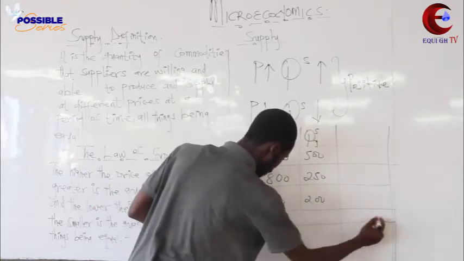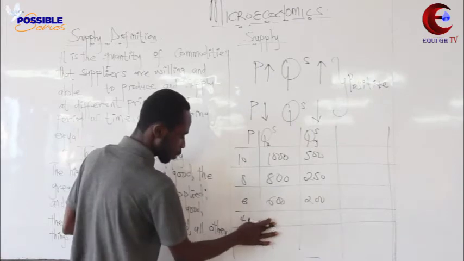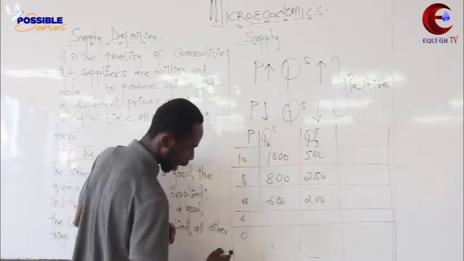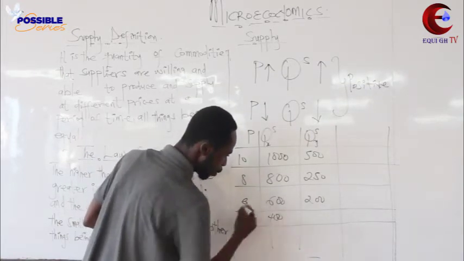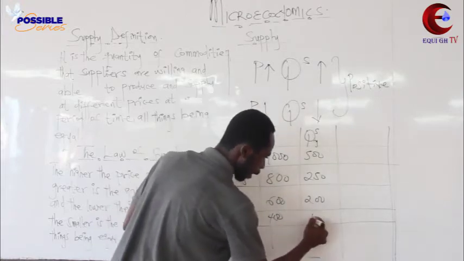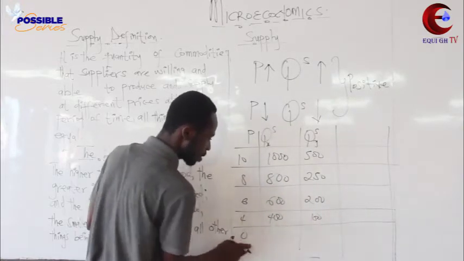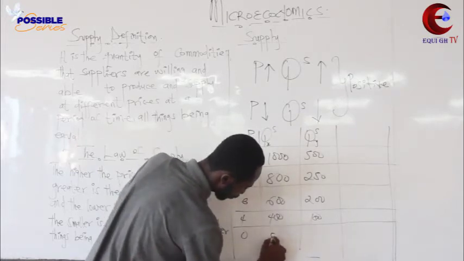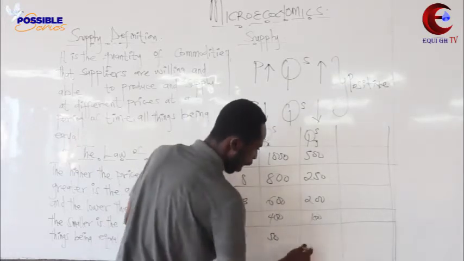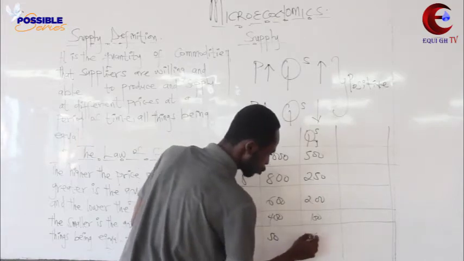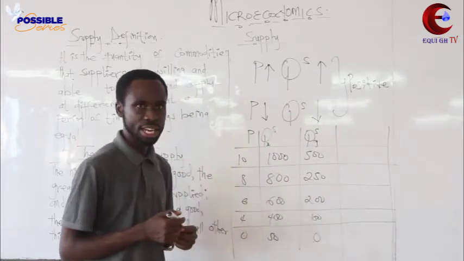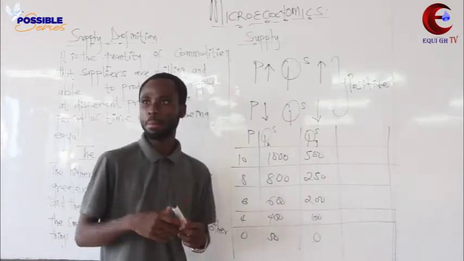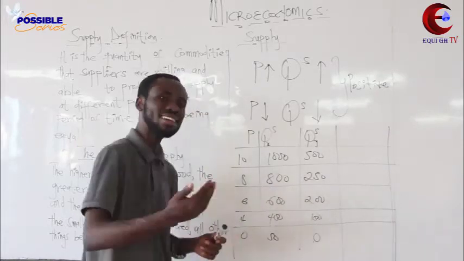When the price came down to 4 Ghana cedis, these people are willing to supply 400 units, and these people 100. And when the price is 0, these people are willing to supply 50 units, and these people are not interested in supplying any units.